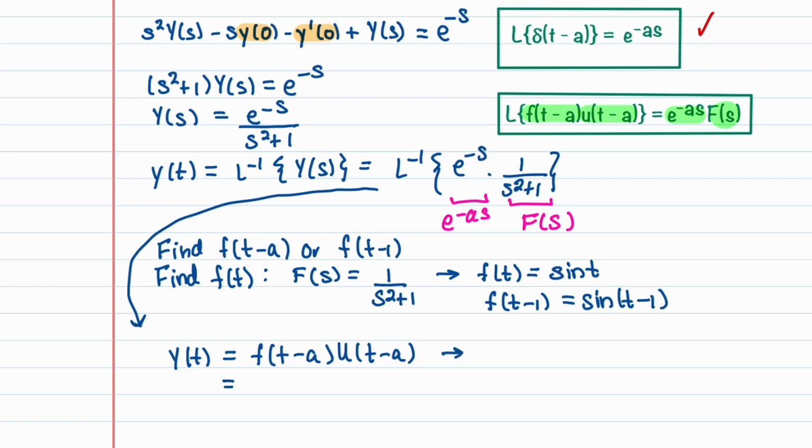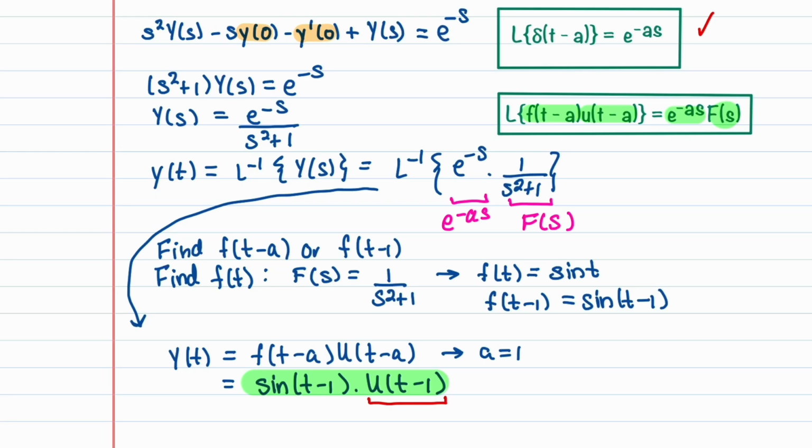And let's note again that our a is equal to 1. So f of t minus 1 is sine of t minus 1. And then we have u of t minus 1. And there's our solution.